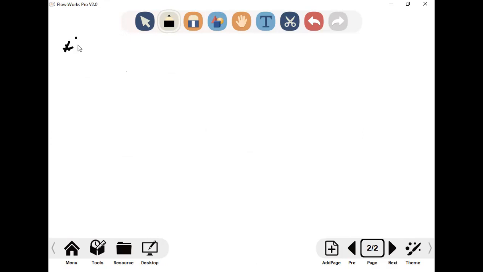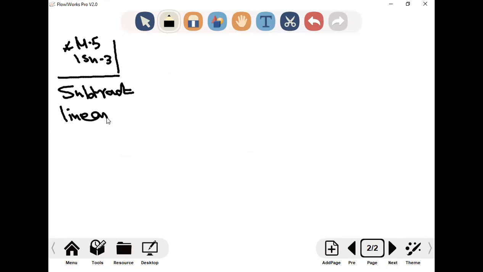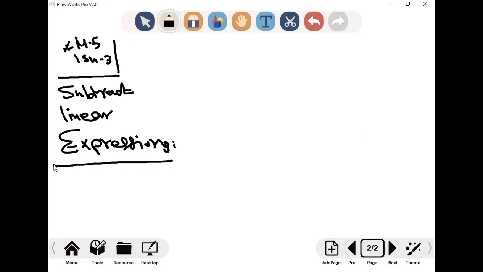Module 5, lesson 3, right? Yes. Subtract linear expressions. Page 251, and today we are on 14 October.